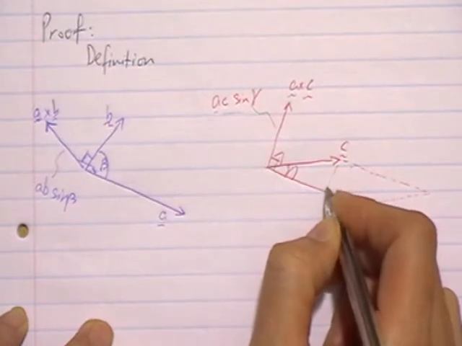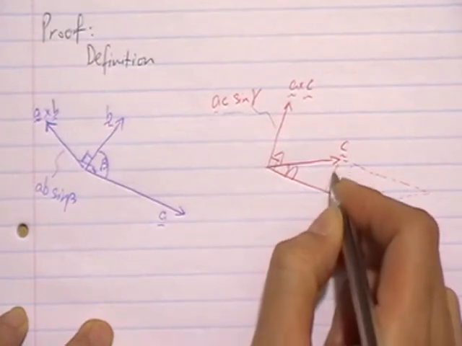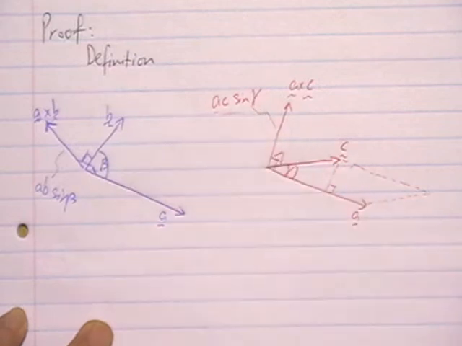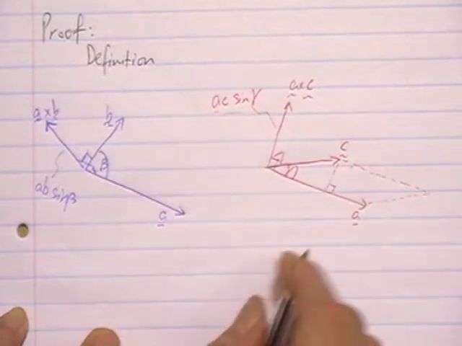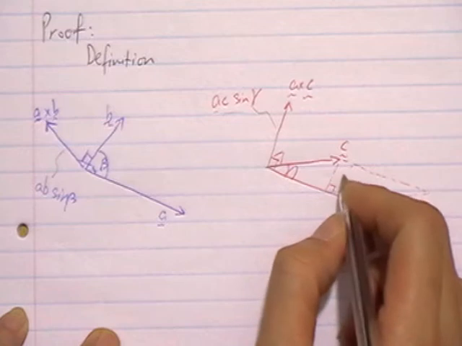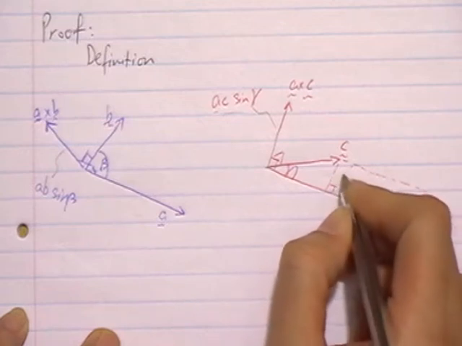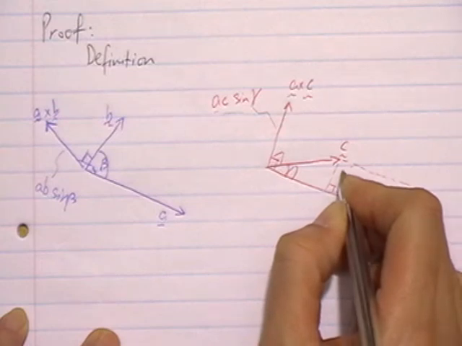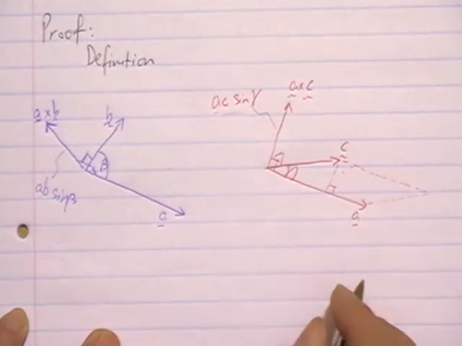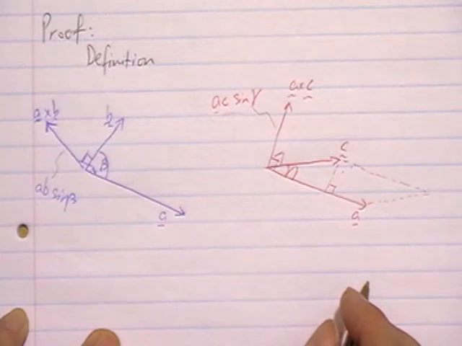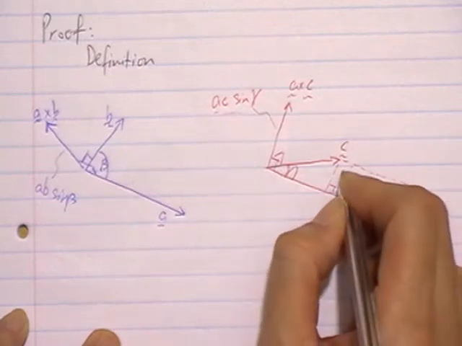If I drop a perpendicular to here, this is C sine gamma. And let me call this height, I'll call it H.